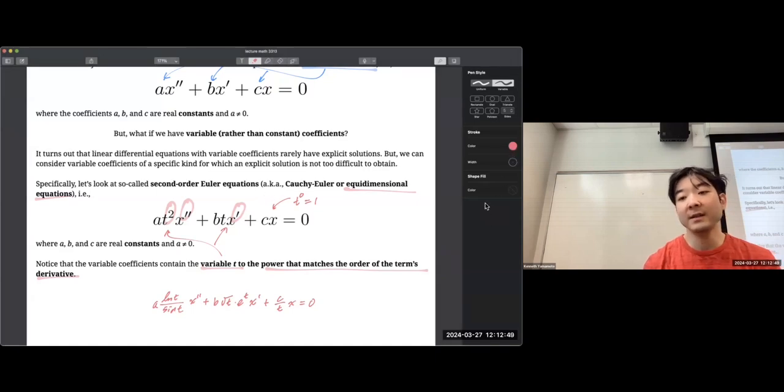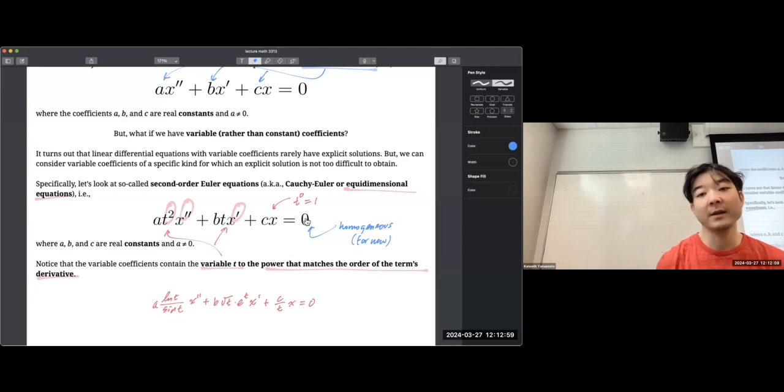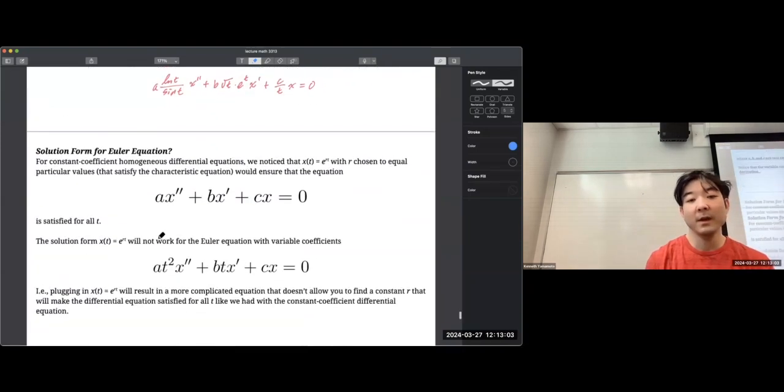We're going to look at this with a homogeneous equation for now. So, of course, this is homogeneous. For now, though, we'll relax this later and look at non-homogeneous. And of course, these are not constant coefficients anymore.